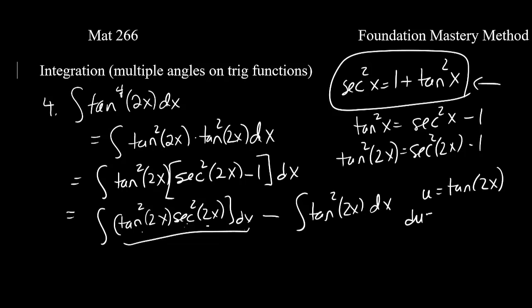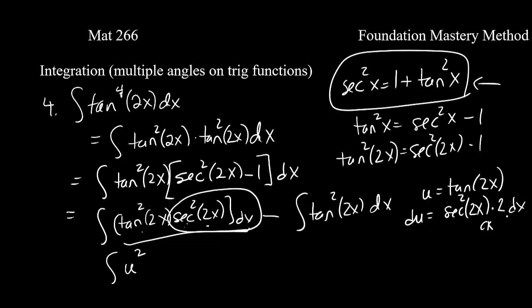Then du is going to be secant squared of 2x times, because of the chain rule, 2 dx. So now let's make that substitution here. So we'll have the integral of u squared, and what we have left here, secant squared of 2x, is going to be 1/2 du. So we can replace this with 1/2 du.